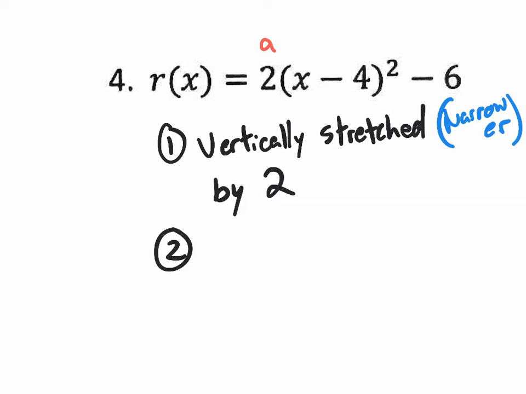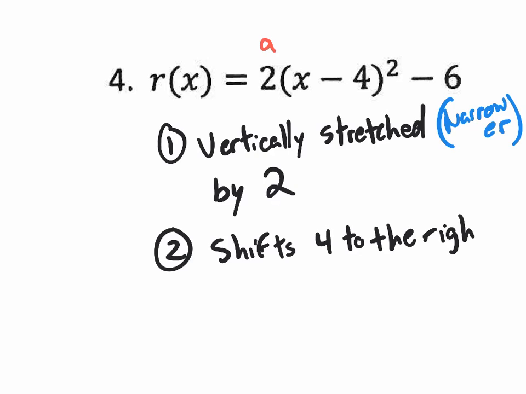We already stated it didn't reflect, it got stretched, it got narrower. And how about the shifts? Shifts 4 to the right. I forgot units, sorry. And 6 units down. Ta-da, easy peasy lemon squeezy.